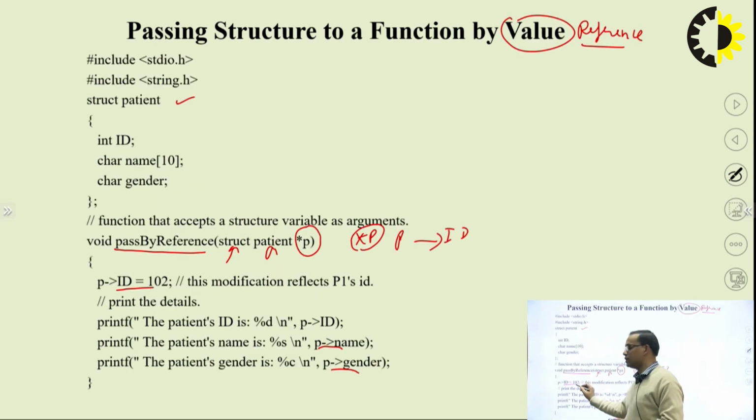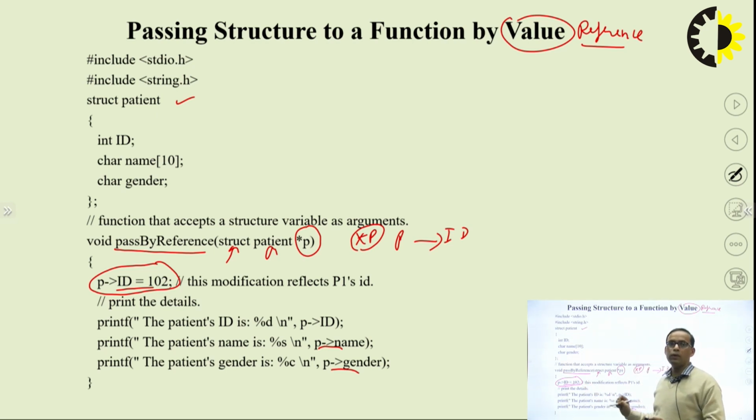The value inside the method is 102. So what is happening here is that the ID of the patient is changed from 101 to 102, since this is the call by reference method.